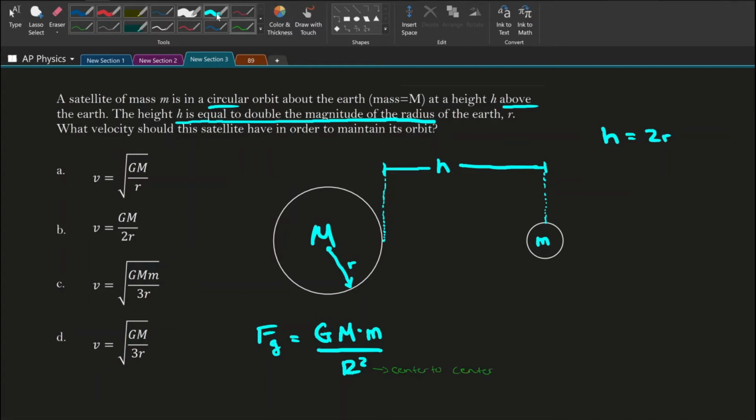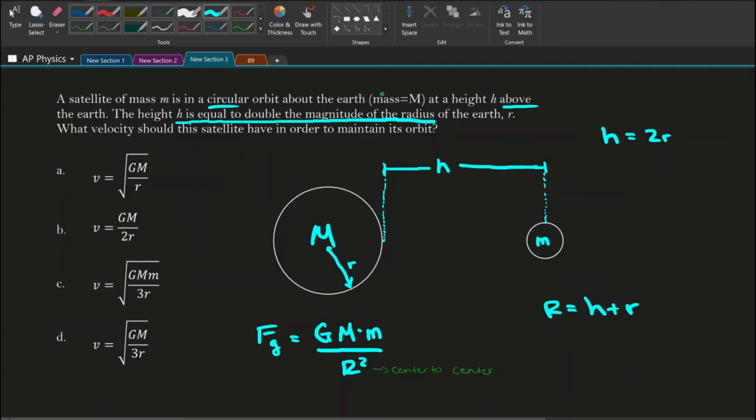So in our case, the value of big R, center to center, is equal to h, the center of this mass to the edge of the Earth, plus the distance from the edge of the Earth to its center, which is r.